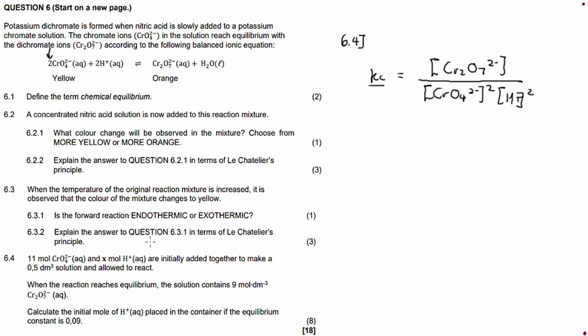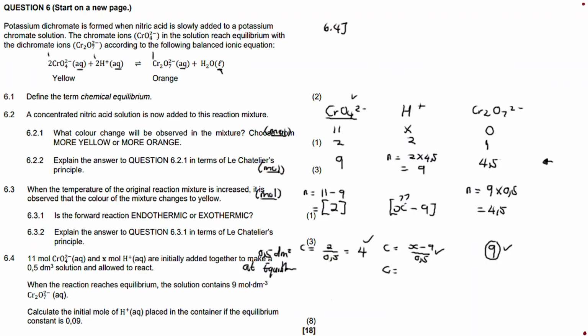Now we substitute. We are given the equilibrium constant to be 0.09, equal to, we have this 9, over CrO4.